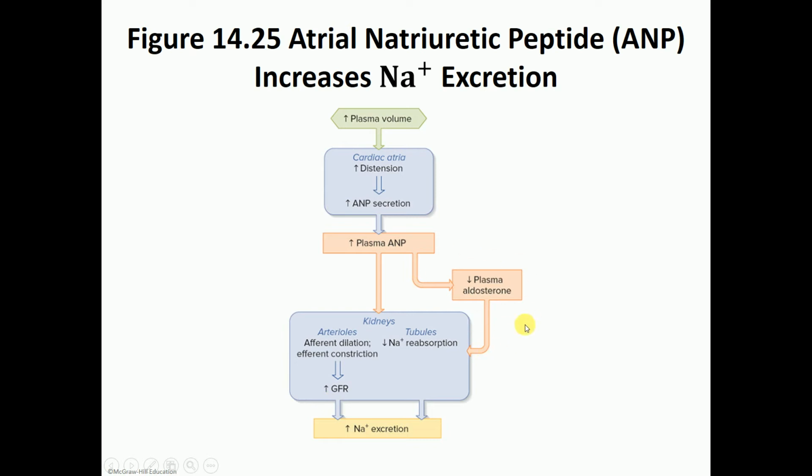ANP also decreases the plasma levels of aldosterone, so we will decrease the overall reabsorption of sodium from the tubules, which means that the sodium will remain in the tubules and will be excreted.